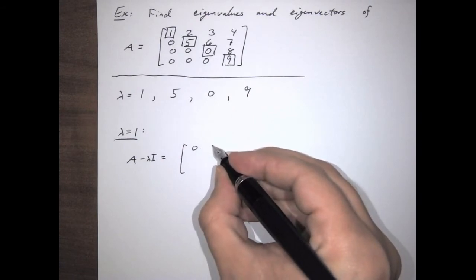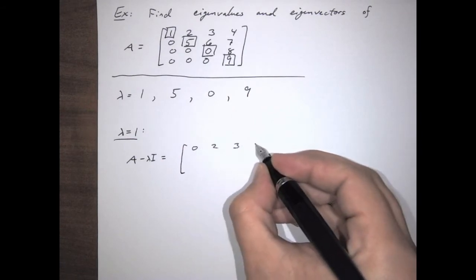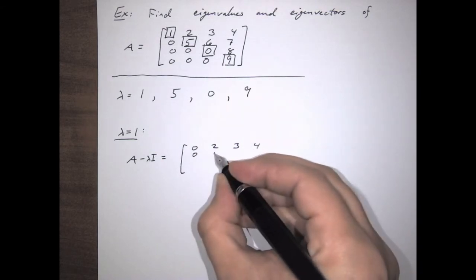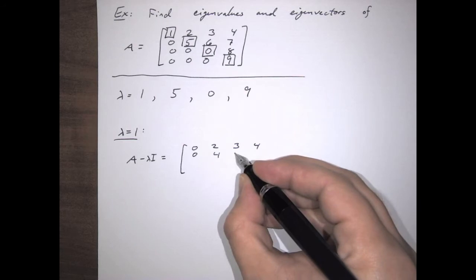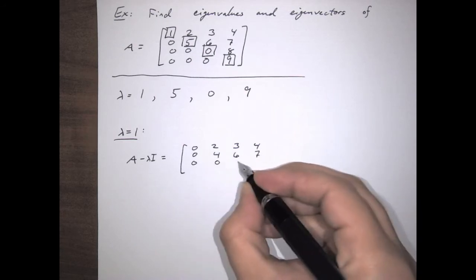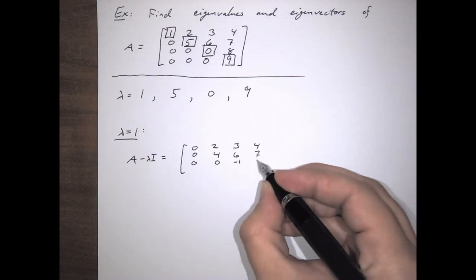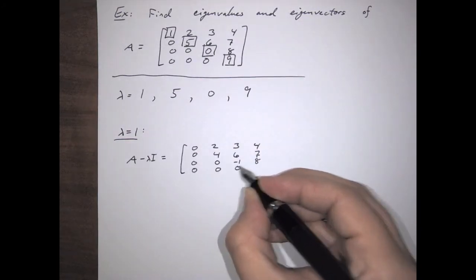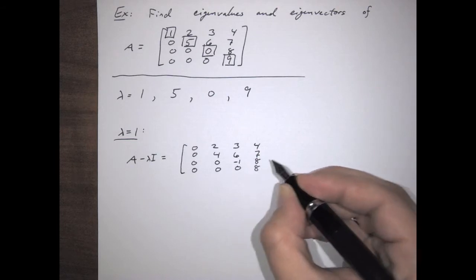So 0, 2, 3, 4. Then we're going to have 0, 4, 6, 7, 0, 0, negative 1, 8, and 0, 0, 0, and 8.